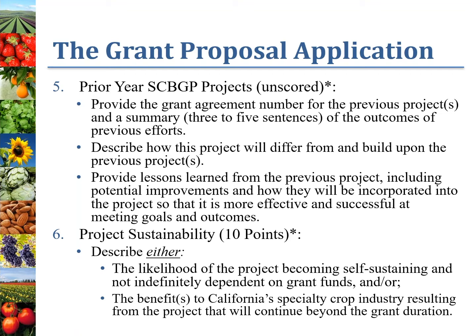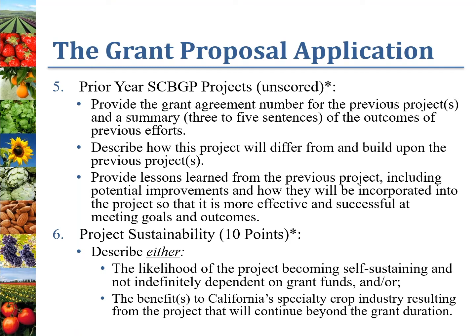Describe how the new proposal is different from and builds upon previous work, and provide any lessons learned from the previous project or projects, including potential improvements and how they will be incorporated into the new project. If the project does not build upon a previously funded SCBGP project, the questionnaire will prompt you to indicate this project does not build upon a previously funded SCBGP project.